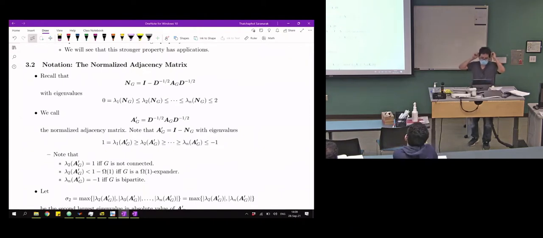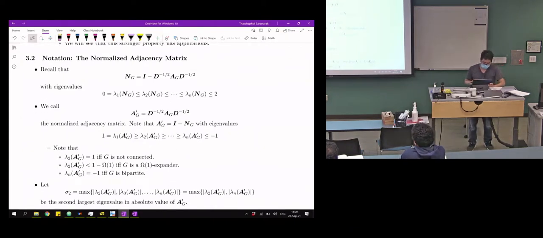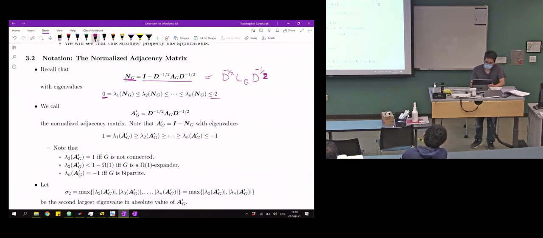To prove this, we need to talk about some notation. Recall that the normalized Laplacian is defined this way, and we have seen that the eigenvalues of the normalized Laplacian are between 0 and 2.